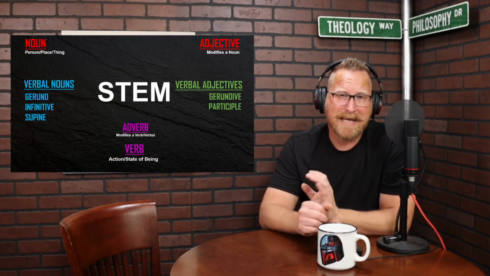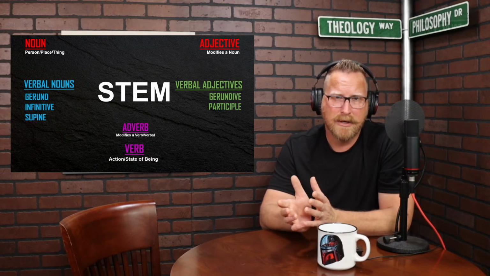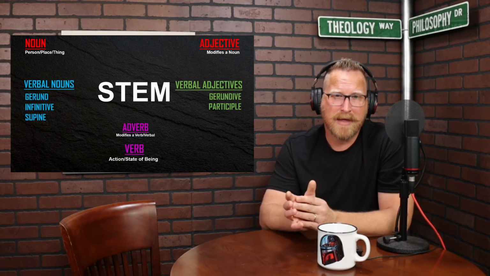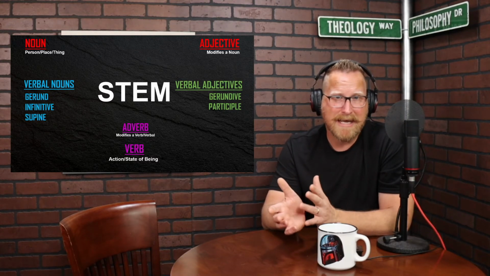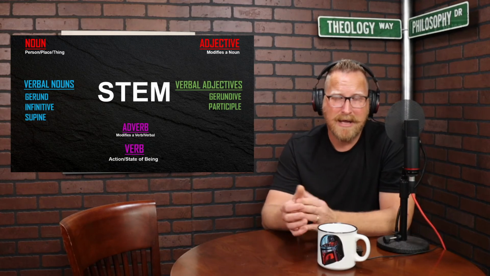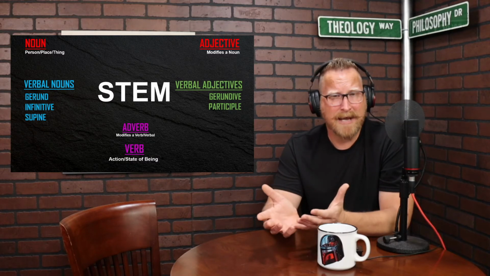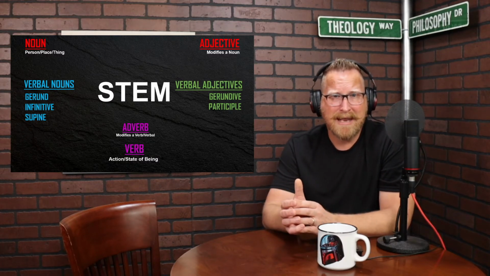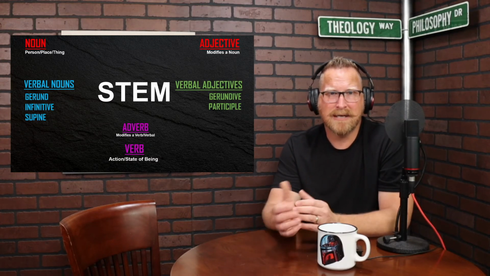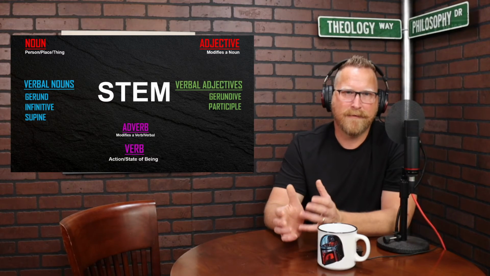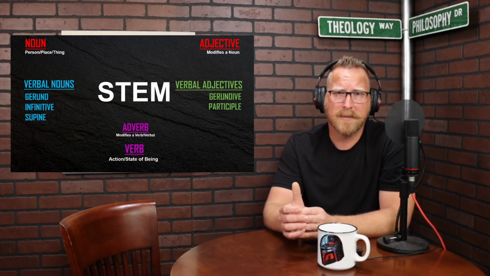What this means is that a single stem can take on multiple parts of speech. There are certain stems where that stem can have an ending that makes it a noun, which is a person, place, or thing; an adjective, which is modifying a noun; a verb, which is an action or state of being; or an adverb, which is modifying the verb or the verbals, because you have verbal adjectives in the gerundives and the participle, or you have the verbal nouns in the gerund, infinitive, and this Latin thing called the supine that we don't come across much in English.